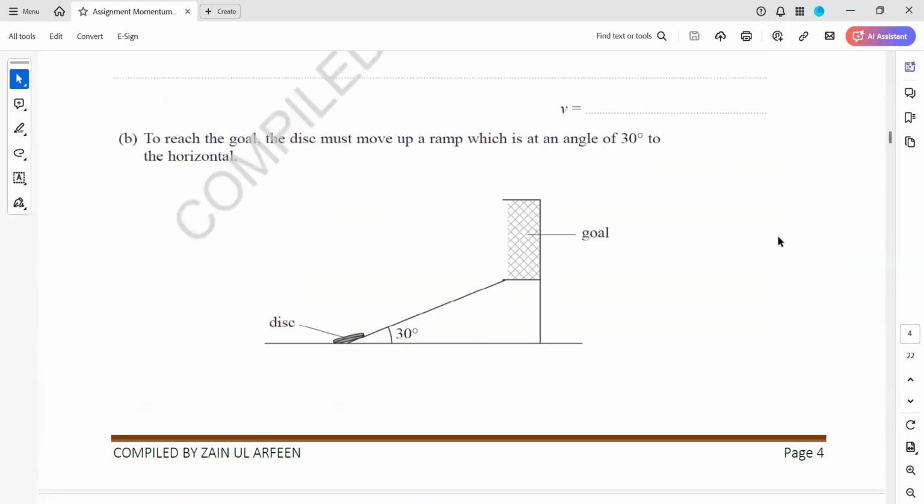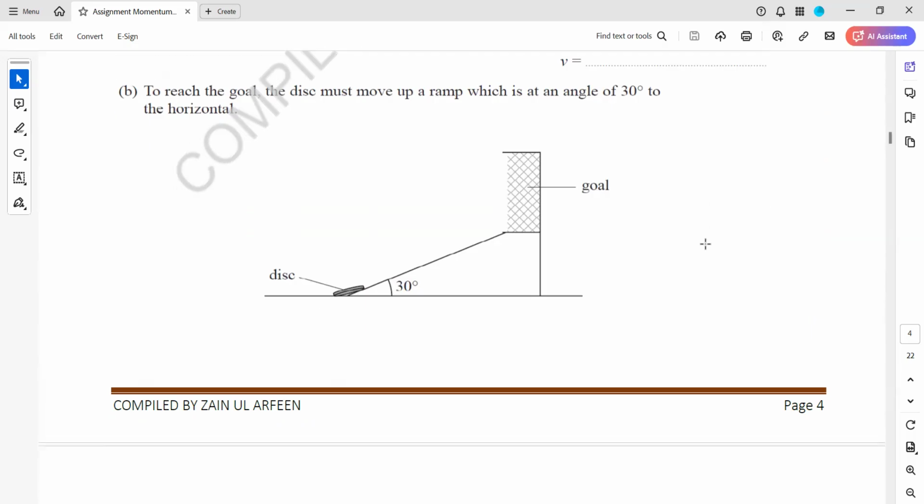I will give you an idea, but our next topic is about work, energy, and power. In that one, I will explain this question in detail. Right now, I will just give you an idea about how it can be done. Look, what actually happens is when it is moving, it will have kinetic energy at this point. When it is going up, it will have gravitational potential energy, GPE.